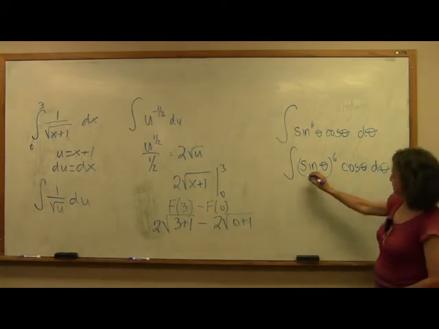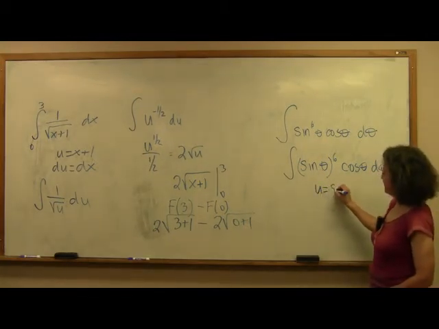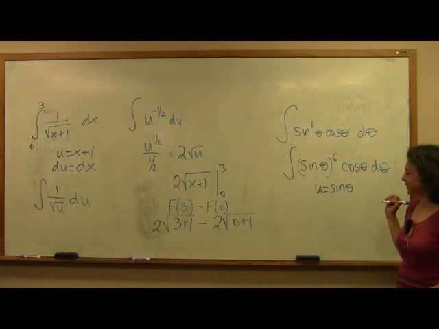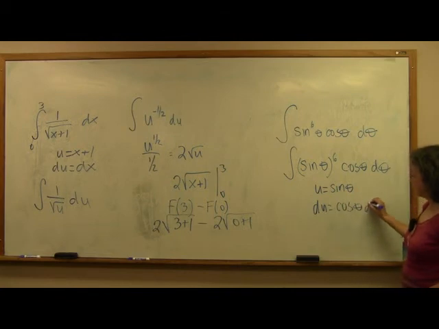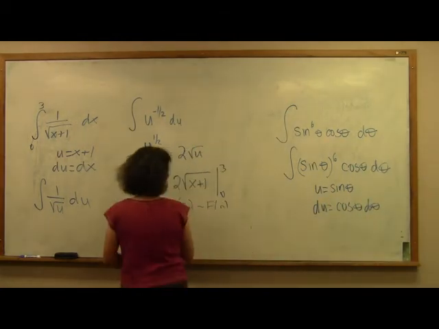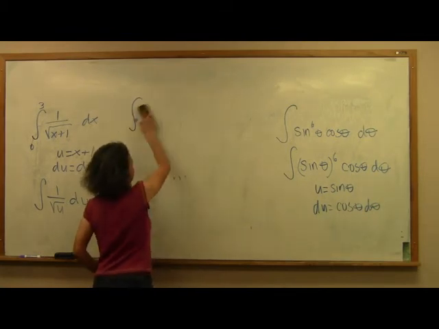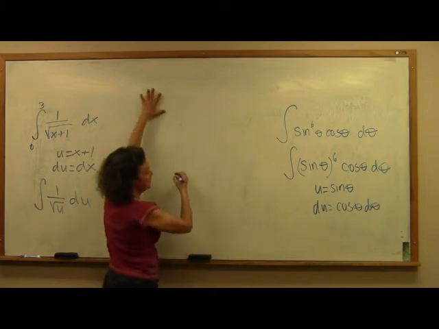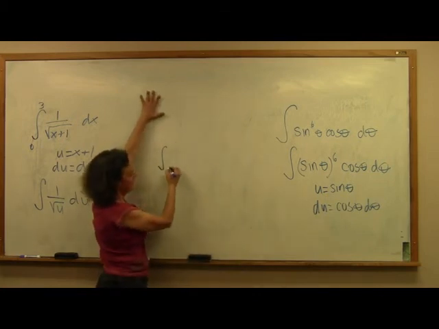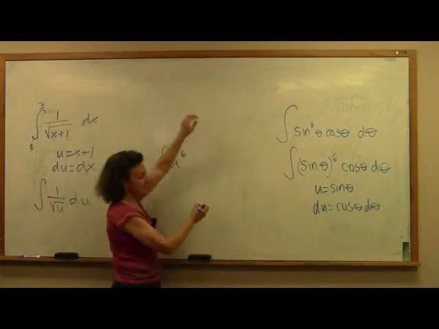Now what would we substitute? Again, what's in parentheses? u is equal to the sine of theta. Take the derivative of both sides. And now what we'll do is we'll rewrite. Okay? What do we get when we rewrite this in terms of u? Well, the sine of theta becomes u to the 6th.